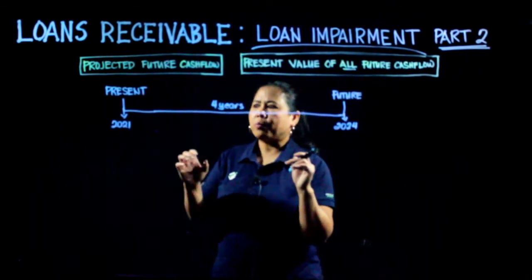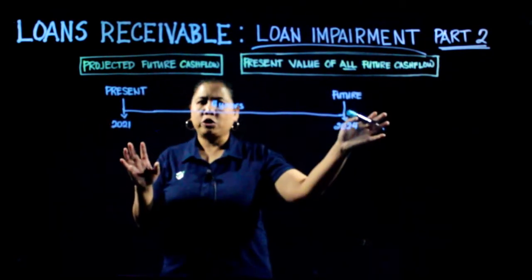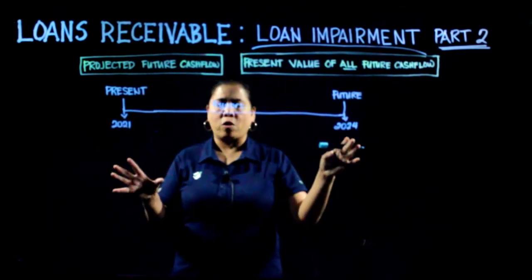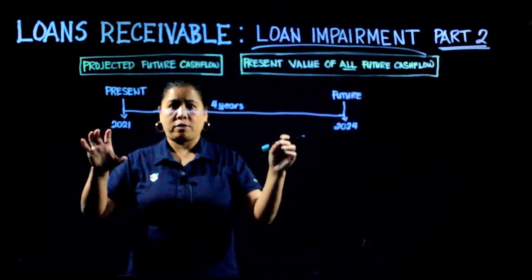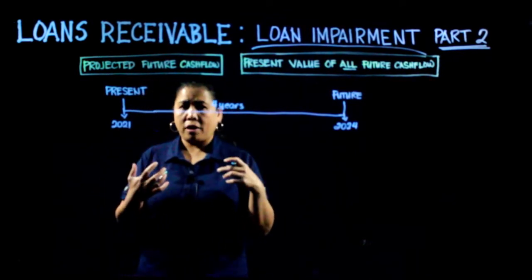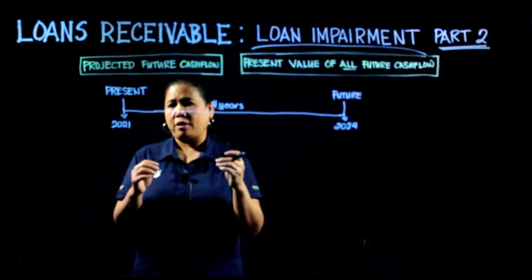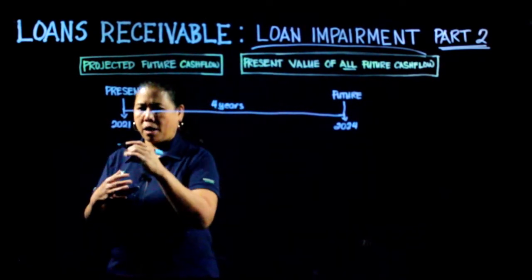So, we have our present year here is 2021, and then the future year here is 2024. So, all in all, kung titingnan mo, this is 4 years from the present to the future. Let's say, for example, I deposited 100,000 sa bangko. Alright? Nag-deposit ako ng 100,000 sa bangko.